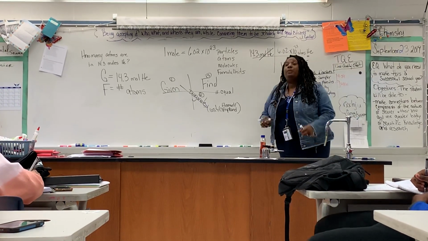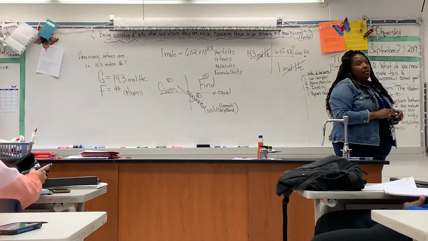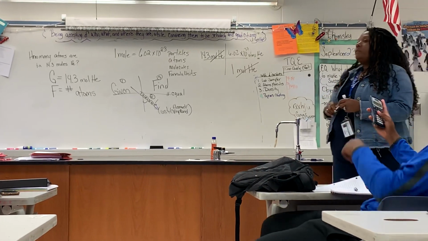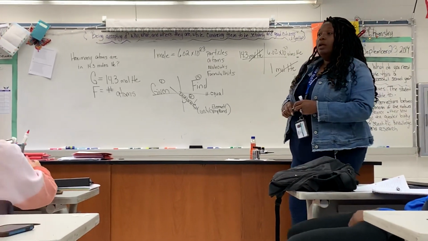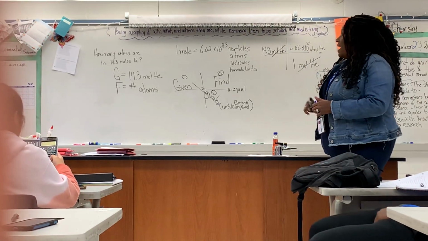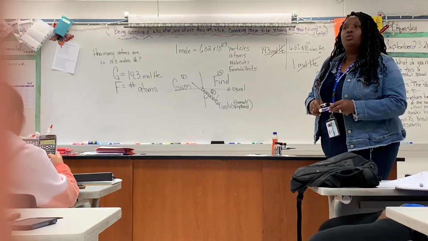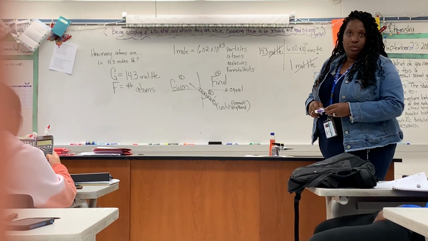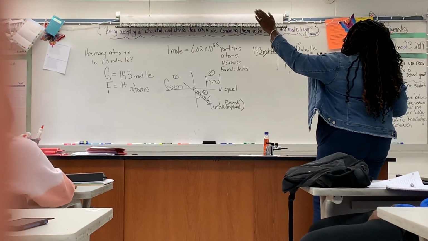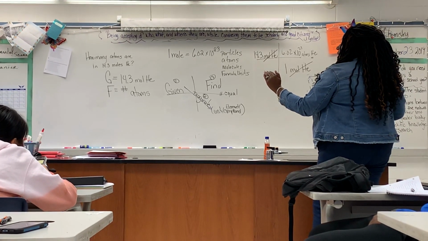Let me show you how to put scientific notation in these calculators. Get your calculator in your hand. Ready? 14.3 times 6.02, second. Y'all see the second on your calculator? Double E, which is directly above the 7, two blue capital E's. You see them?